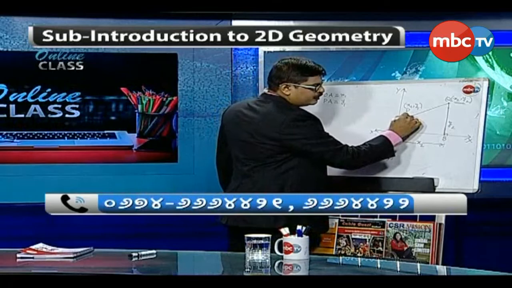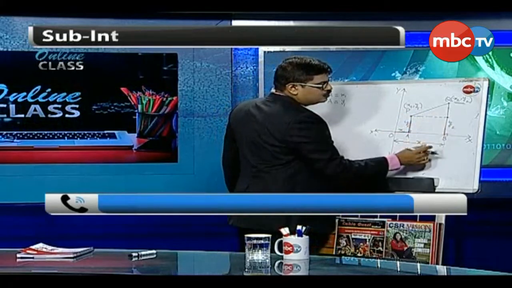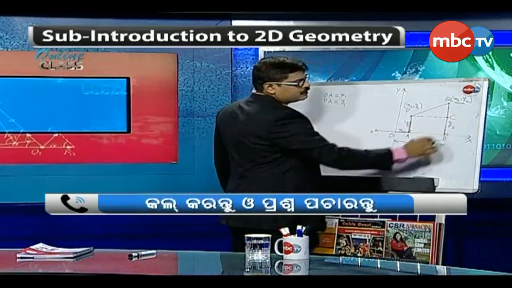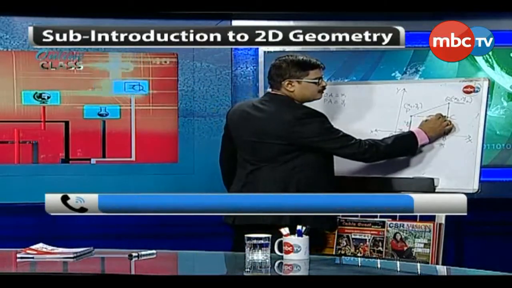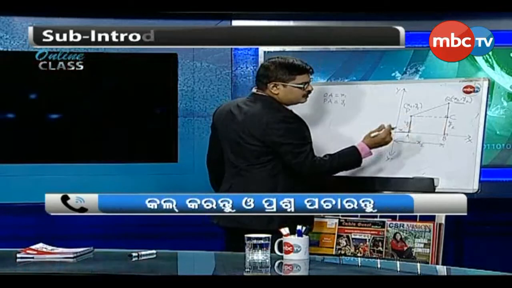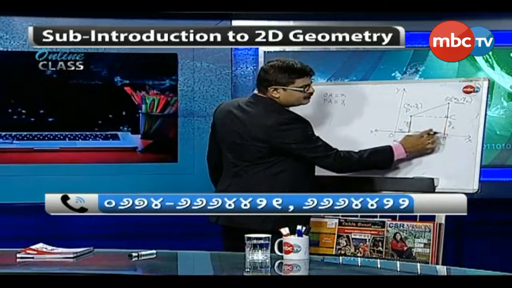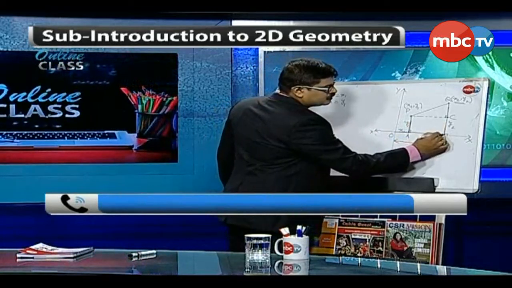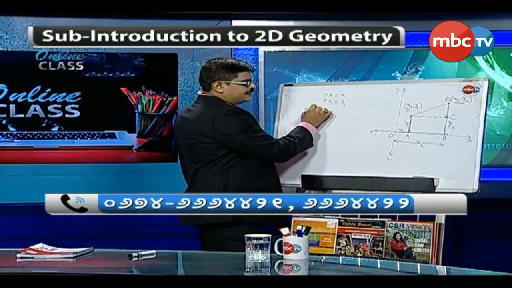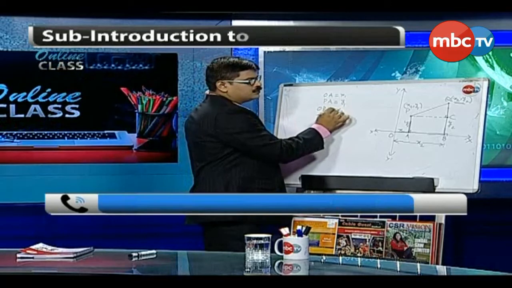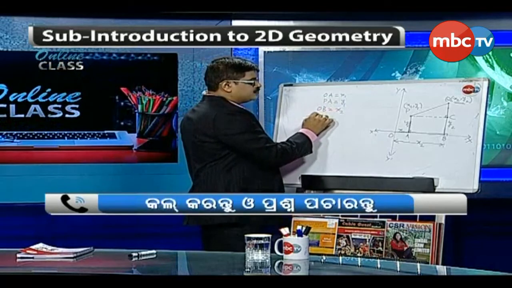Now drop a perpendicular from P onto QB, let us take it C. Now for this perpendicular, you see this APCB becomes a rectangle. So let me write here, OB is equal to x2, QB is equal to y2.